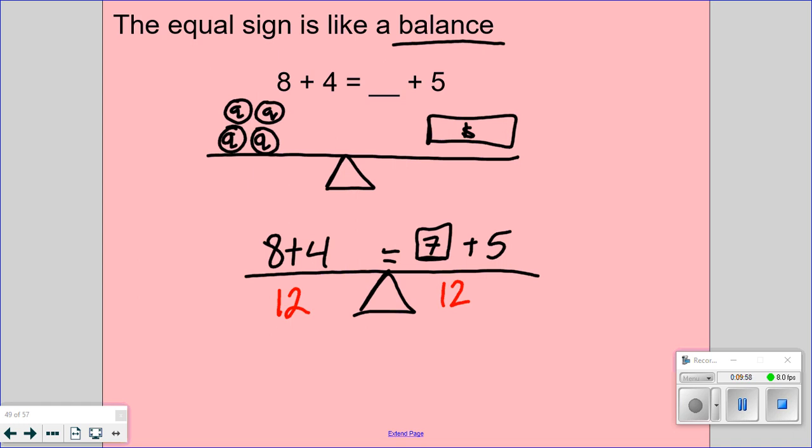Can things be equal if they look different? Yes. Does it have to be the exact same numbers to be equal? No. It just has to be worth the same or have the same value.